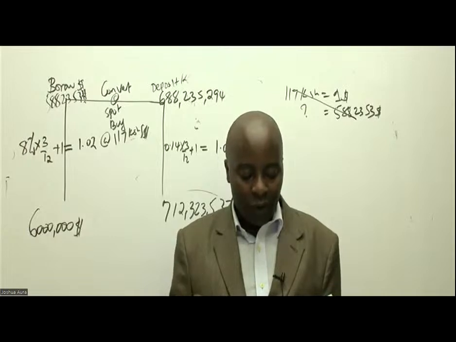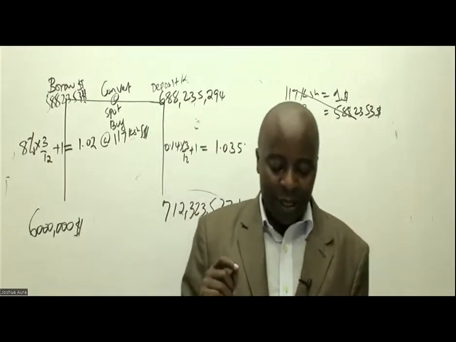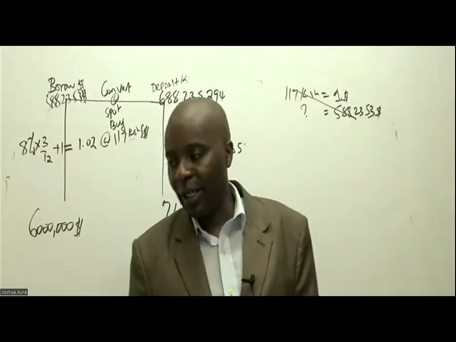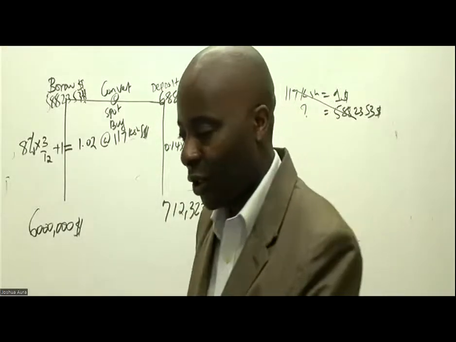So they want us to determine whether a forward market hedge, money market hedge or currency option hedge would be most appropriate for the company. They want us to start with the forward market hedge.